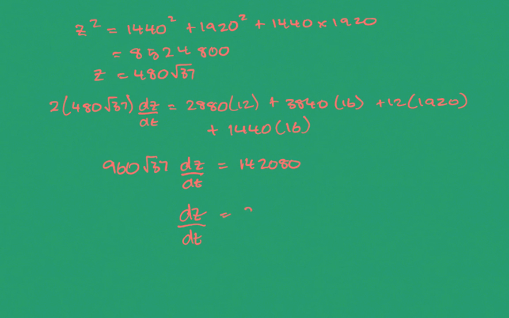Dividing through, we end up with dz/dt equals 24.3 meters per second.